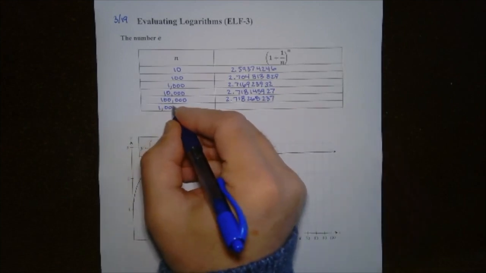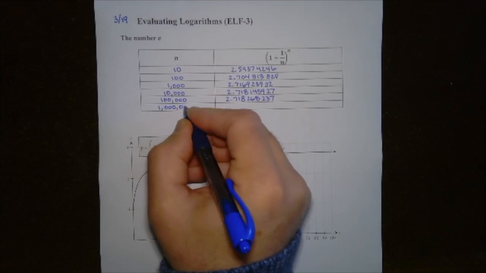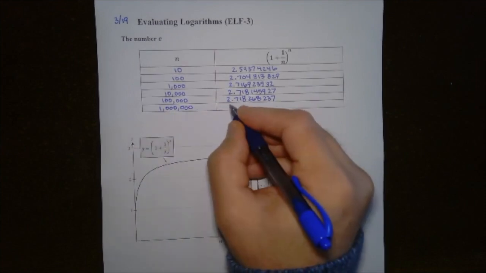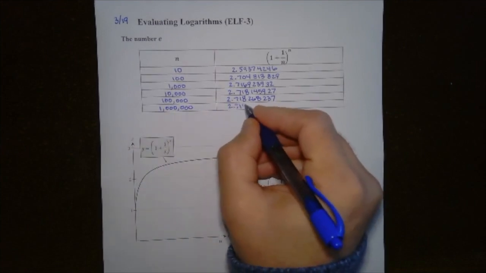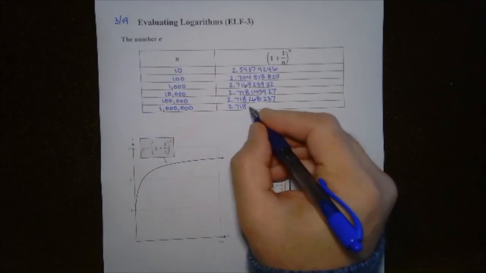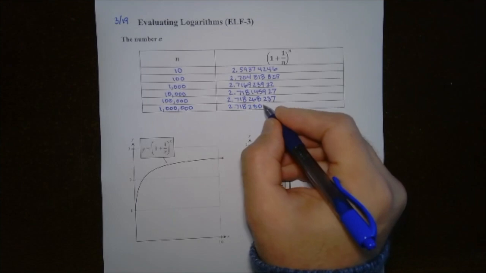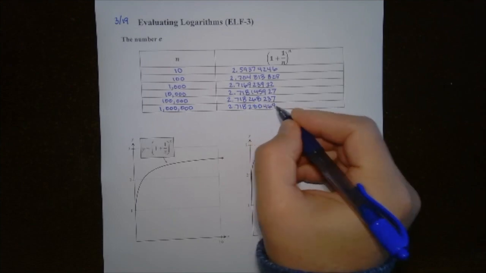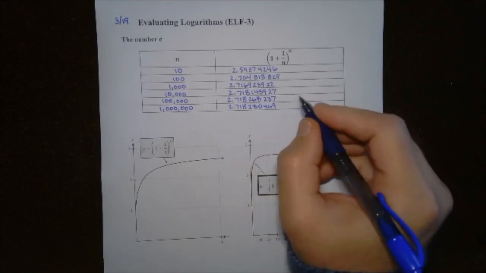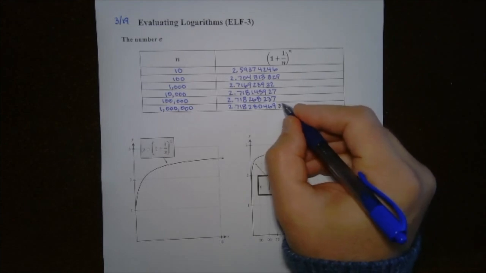Let's take a look at that. When n is 1 million, it's going to come out to be 2.718280469, and I'm going to go out even further, 3193.